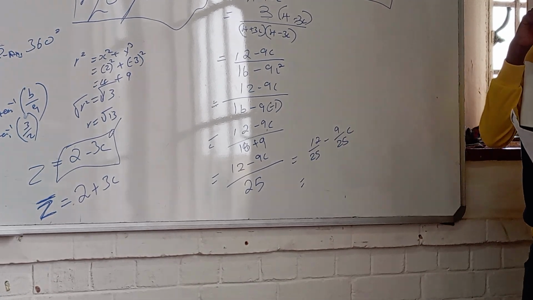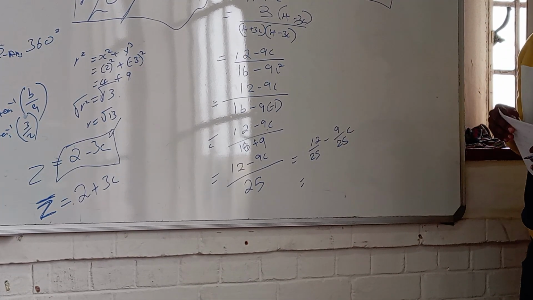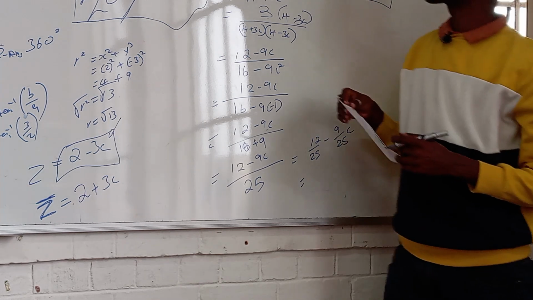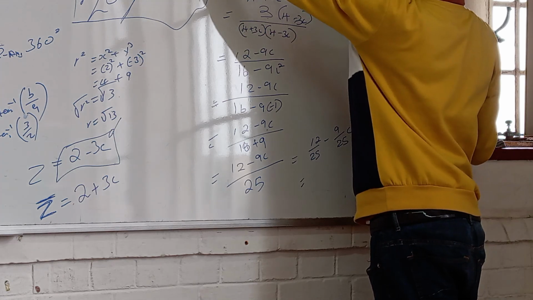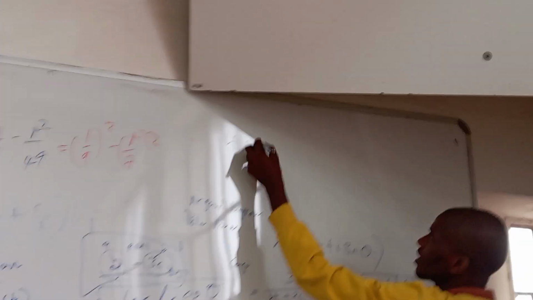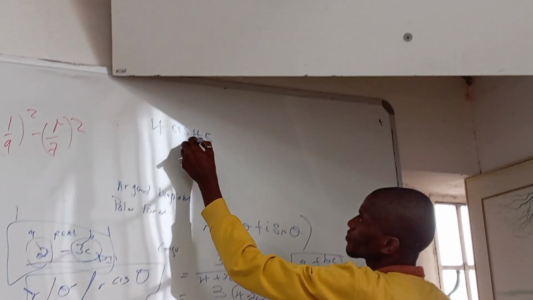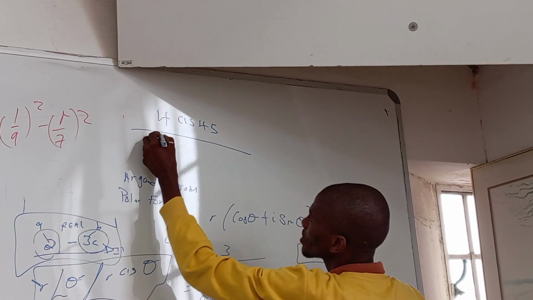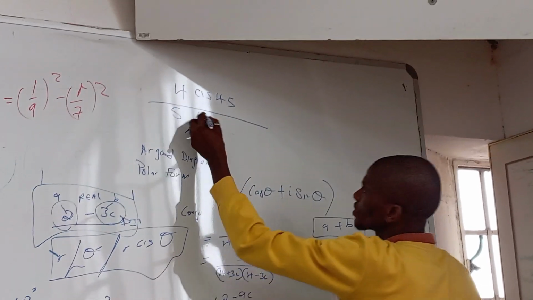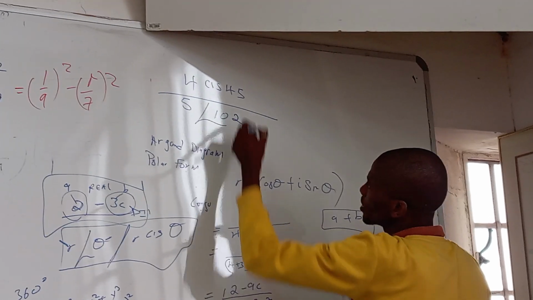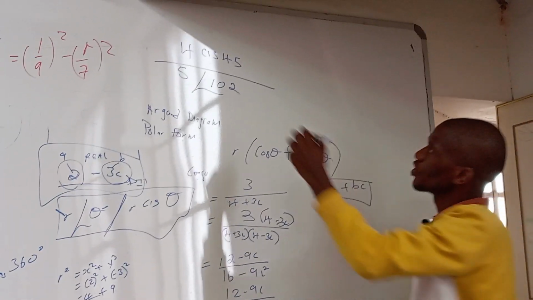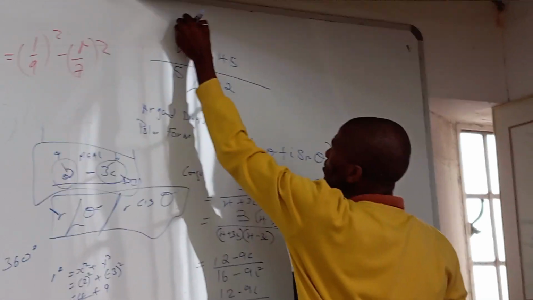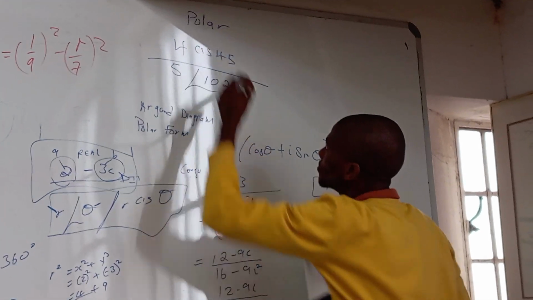And another thing that is very important is that sometimes you can be given an expression where you have 4 cis 45 all over 5 cis 102. Right. And the question can say, determine and leave your answer in polar form.